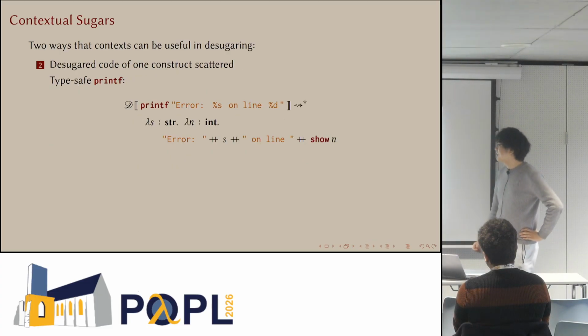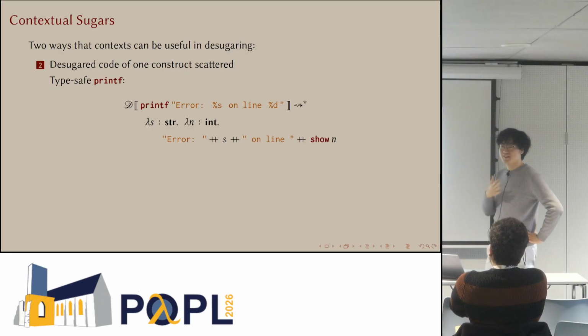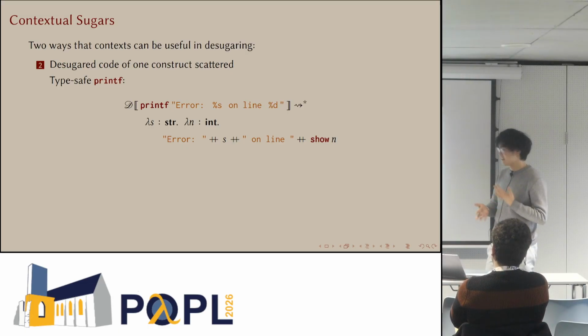And a second reason that context can be important is that the desugared code can have a very complex structure. For example, it can be scattered. This is the famous type-safe printf example. So printf of a format string is desugared into a curried function taking the many arguments that it wants to format.